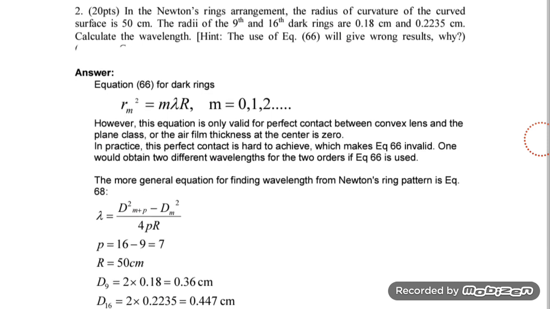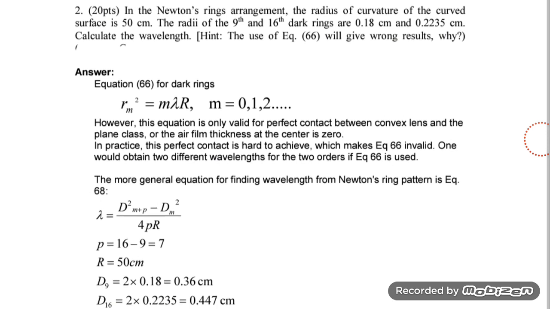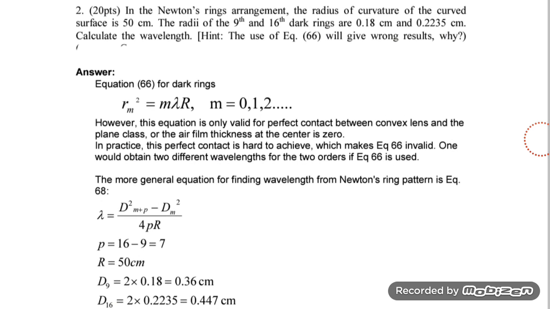Before putting, we know that in this numerical we have the radius of the 9th dark ring and 16th dark ring. So p is the difference of these dark rings, that is 16 minus 9, that is 7.